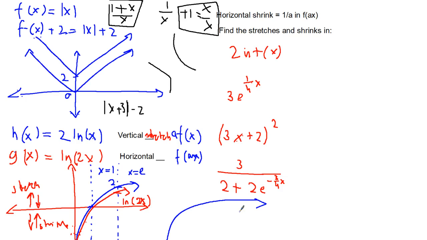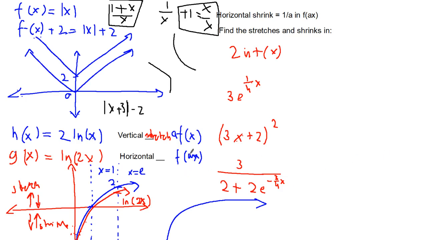So our horizontal translations have to be made in the form of 1 over a if you want to express them as a stretch or a shrink. For example, if it's ln of 1/2 x, it will be 1 over 1/2, which is 2. Then it will be a horizontal stretch of 2, right?